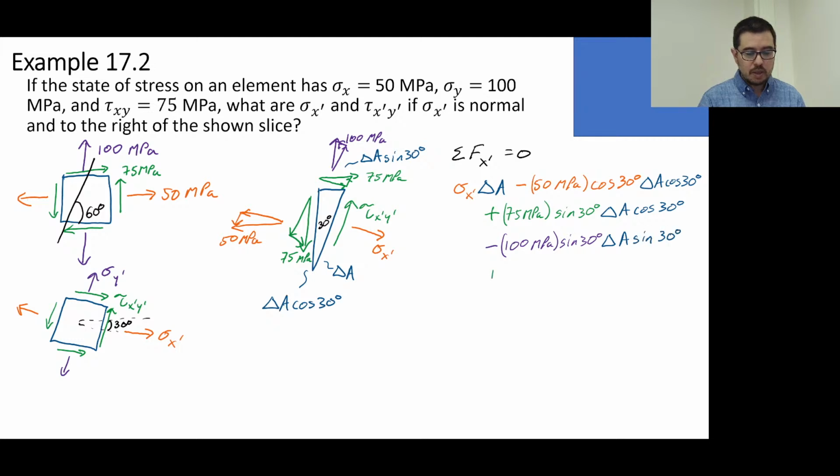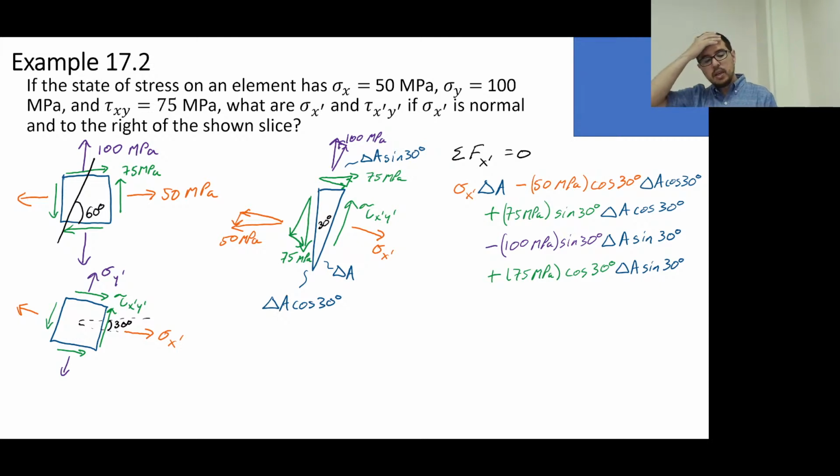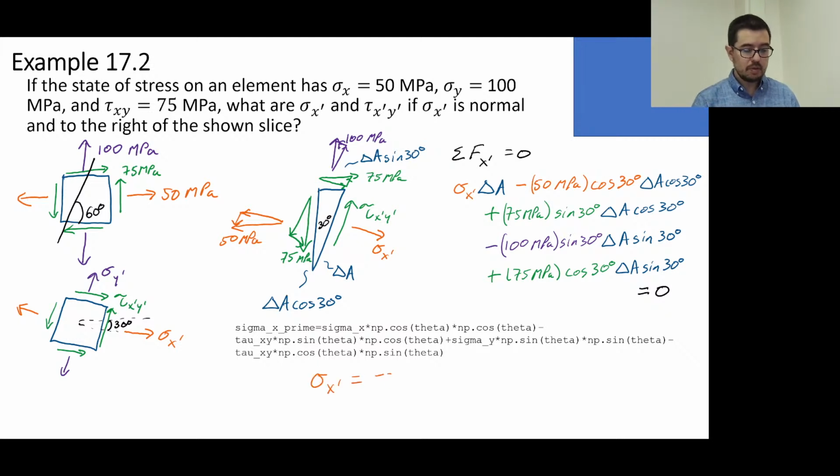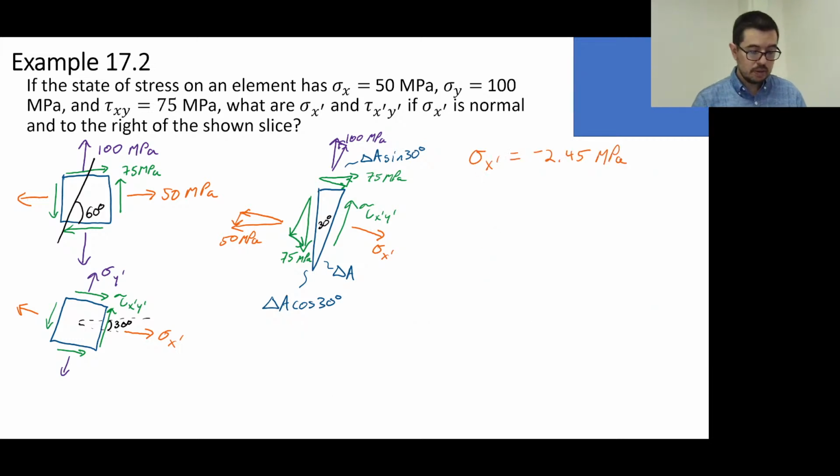And so before you saw that there were only two of these crazy terms. When you have sigma x, sigma y, and tau xy, you get 4 terms that you have to keep track of, plus the term you're trying to solve for. Okay, and if you want, you can do some Python code, and this is what sigma x prime is. But we do need to get going because there's a lot to cover.